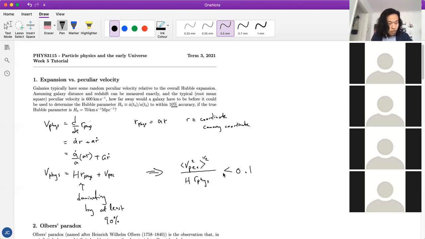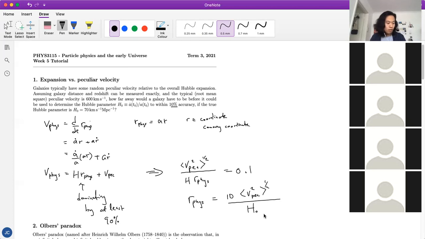And now we just have to rearrange this. So let's just say that this is like finding a threshold, the minimum requirement. So this is the condition. Then r_phys will have to be equal to 10 times v_pec RMS divided by H. And because I'm standing as an observer at my local place and I'm looking at something else, the Hubble rate I'm going to see is fairly local still.